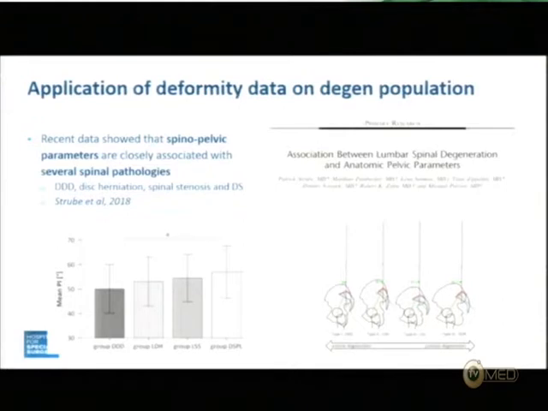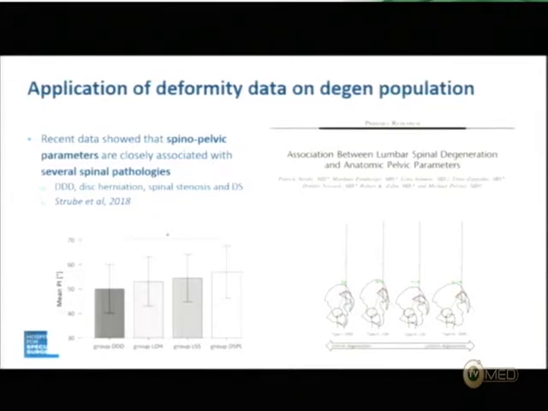And so what did we learn in the literature? I'm going to go over a few studies. First, we learned that there is probably some specific morphotype in terms of alignment that is associated with dedicated diseases, like disc herniation, spinal stenosis, degenerative spondylolisthesis.